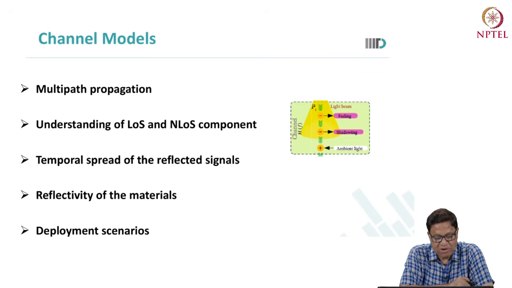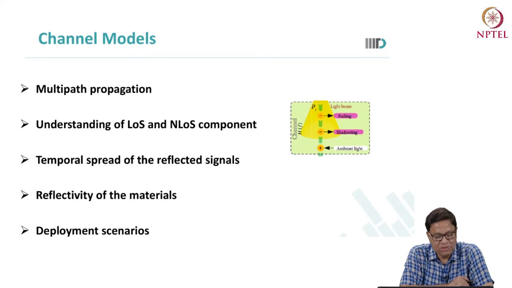When you get many components, line of sight and non-line of sight, there may be some temporal spread of the reflected signal. You need to control that temporal spread. Otherwise, your data rate will get reduced. It also depends on the reflectivity of the material, in the walls for example, since that tells you how much power you receive after reflection.